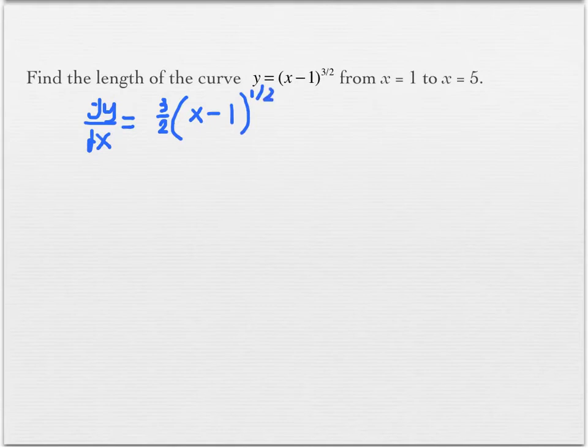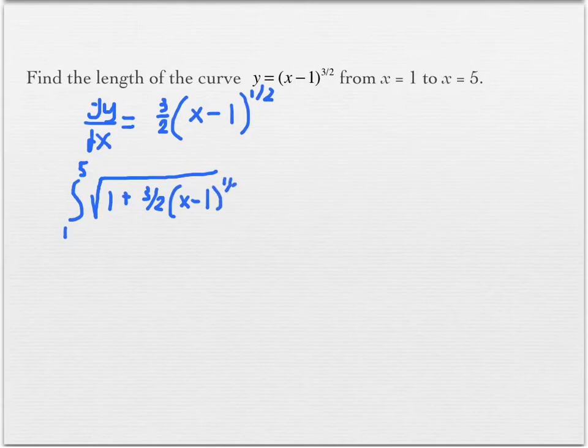Well, now let's plug this into the formula. So I have the integral from 1 to 5, like the problem tells us, and then it's the square root of 1 plus 3/2 times x minus 1 to the 1/2, dx, like this.